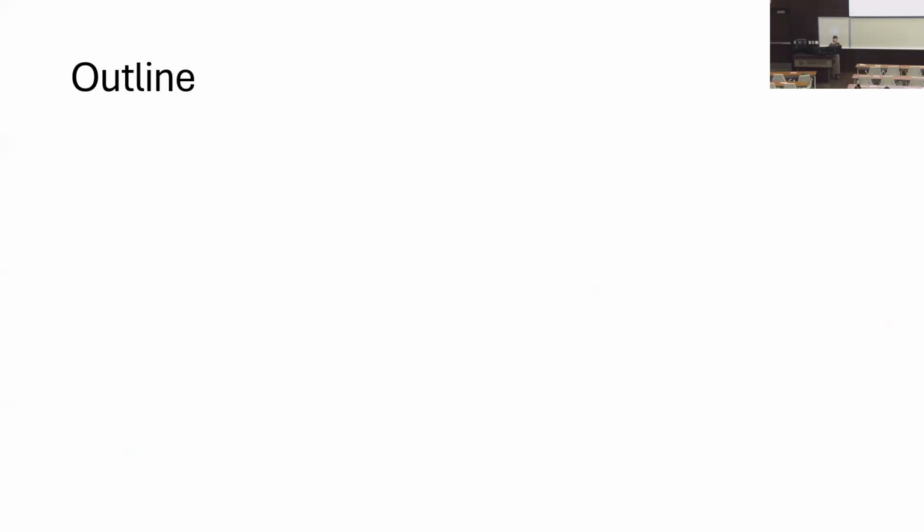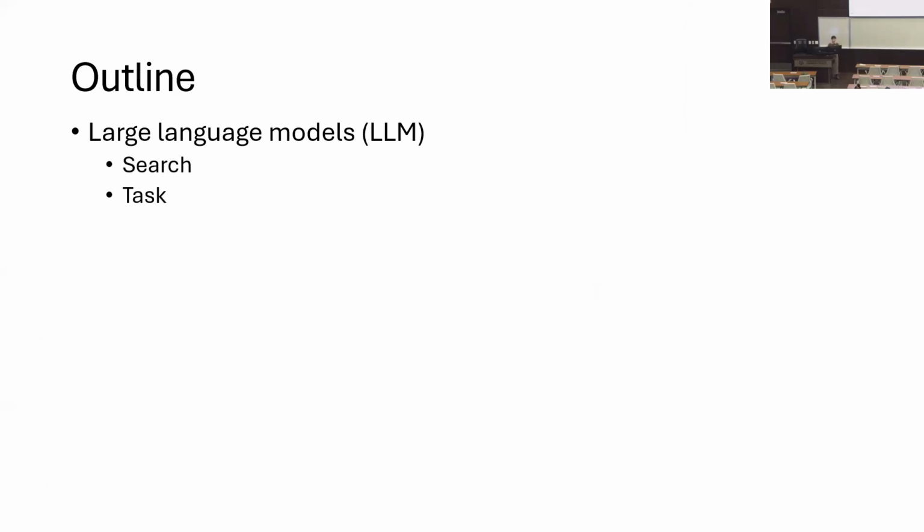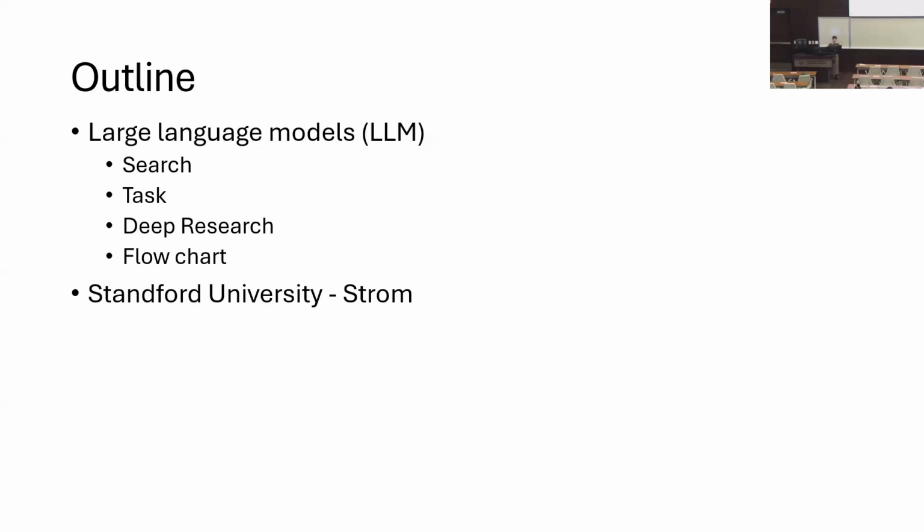So today we're going to talk about something that's a little bit different. I'll start with the basic concepts of large language models, and then move on to how I use them to search, to set up tasks, do deep research, and also how to make a flow chart using those digital tools. And then we'll talk about Storm, which is a tool developed by Stanford University. And all these tools are focused on how you create content.